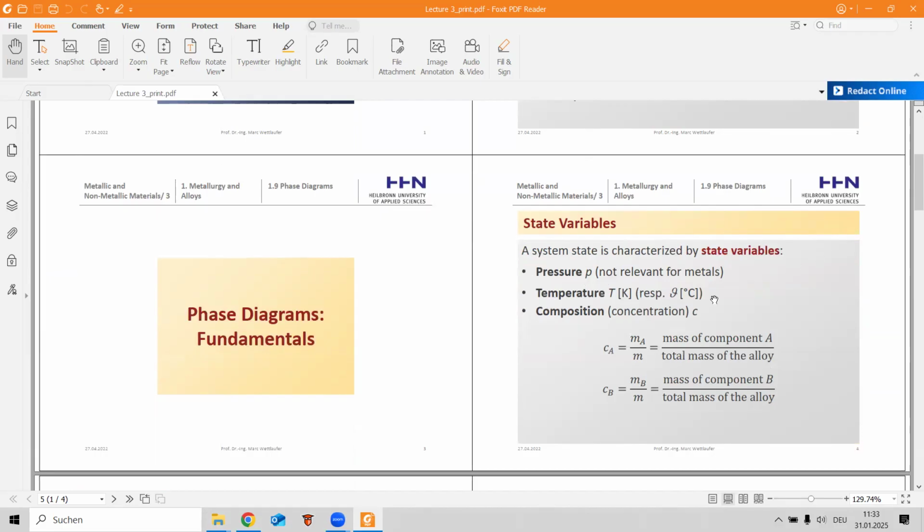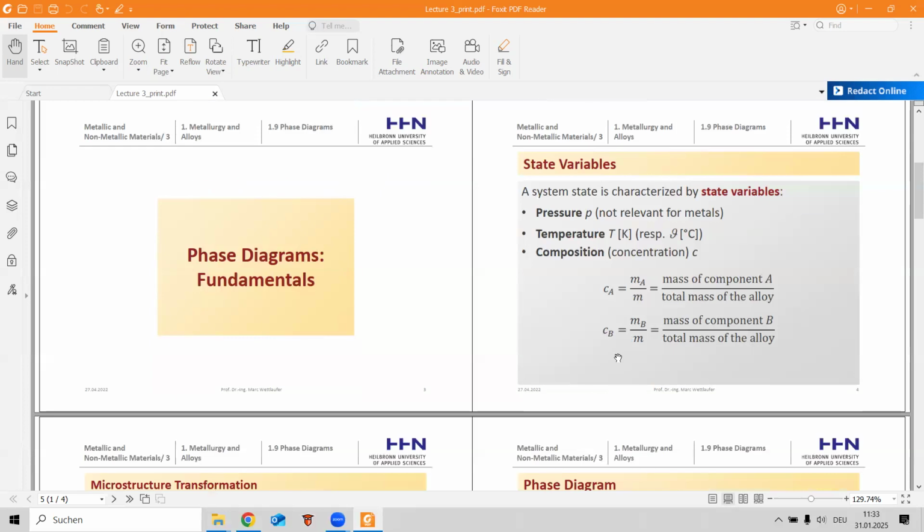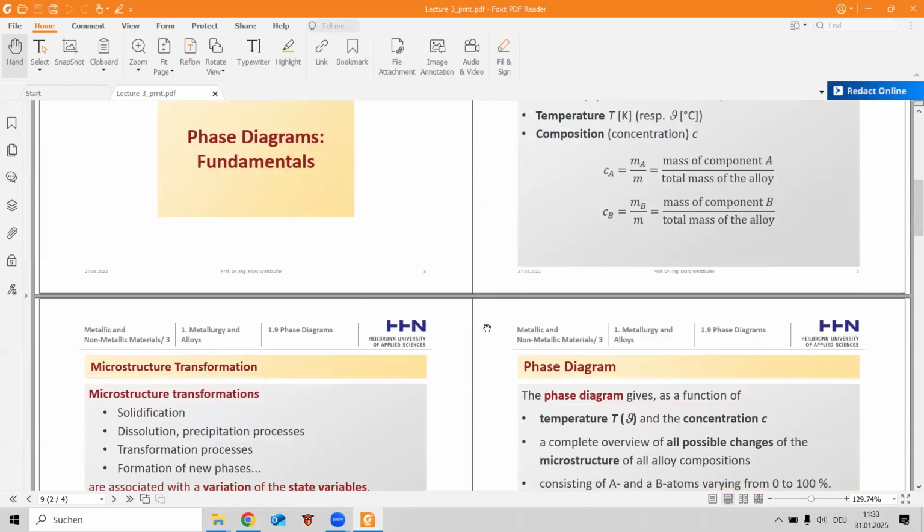So it's temperature, which is relevant, in kelvins, large T, or in Celsius, and usually position or concentration, C. And as we have seen in the second lecture, the concentration, for instance for component A, is equal to the mass of component A divided by the total mass of the alloy or all material.